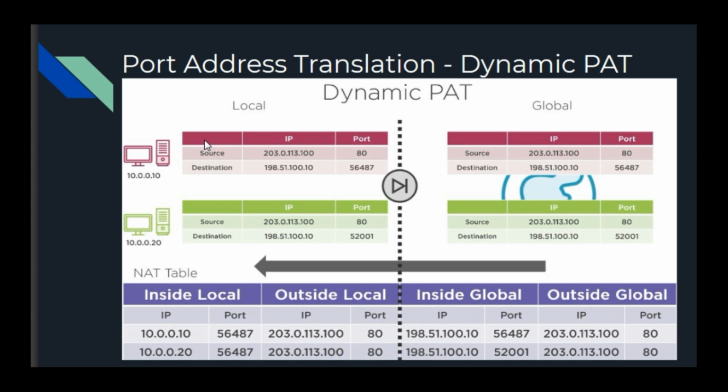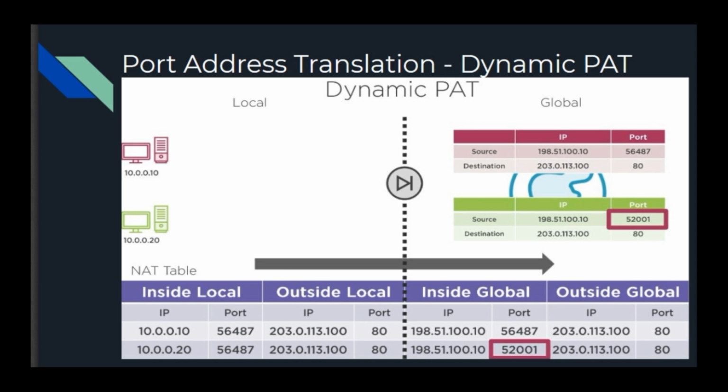And at the local side, it also uses the same source IP and source port, and destination IP and destination port. So in this scenario, we can see that we have changed only the source port. Means when the clients are trying to communicate with the global server using the same IP address at the same time, it uses the same inside global IP, but it changes only the source port.